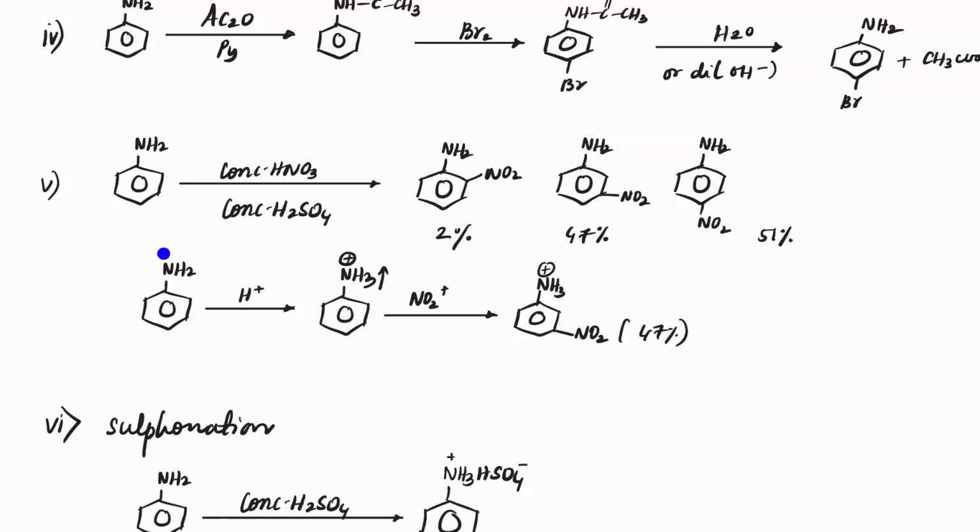The lone pair present on nitrogen will maintain an equilibrium with the anilinium ion. So this is aniline and this is anilinium ion. And anilinium ion, when you react with NO2, because it is strongly deactivating, it will only give substitution at meta position. So that's the reason why there is a sufficient amount of composition observed even at meta position.